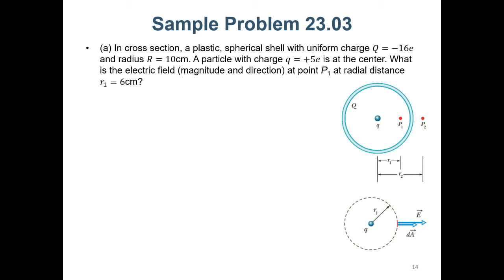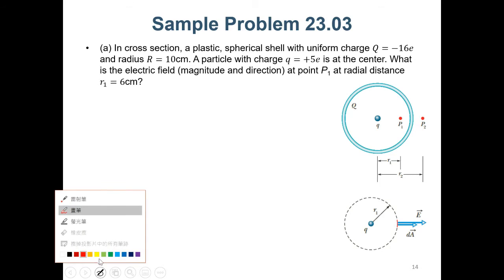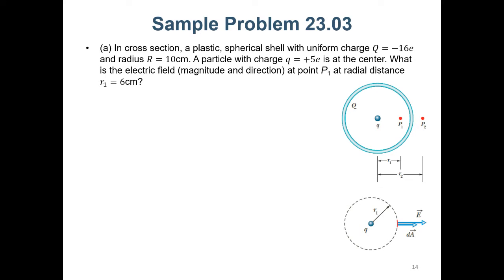Okay, so let's see an example problem. In cross section, a plastic spherical shell. Plastic means it is an insulator.